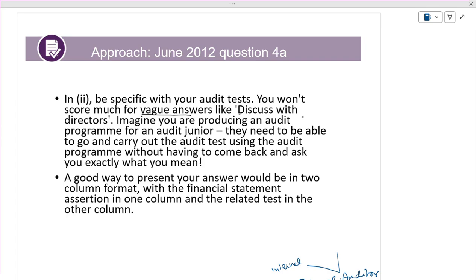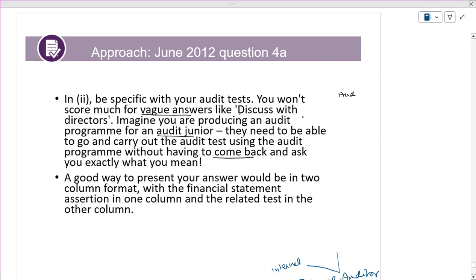Imagine you are producing a program for an audit junior. They need to be able to go and carry out the audit test using the program without having to come back and ask you.